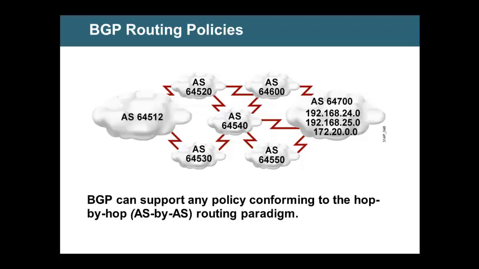If you go this way, it is 1, 2, 3 hops. What do you say? So when you don't tune attributes, it will see the hops. Policy will be based on the hops.